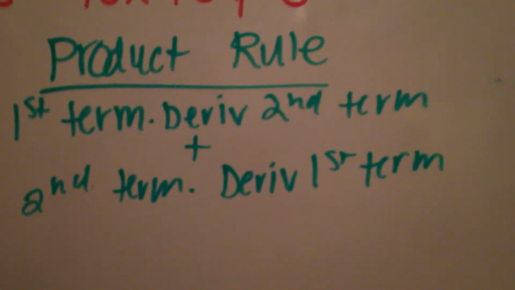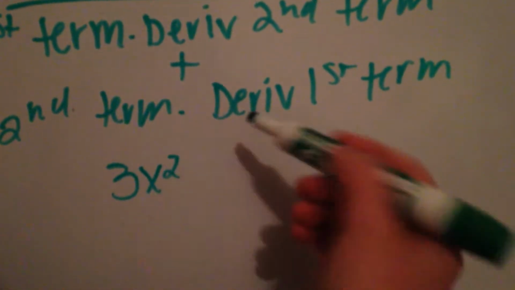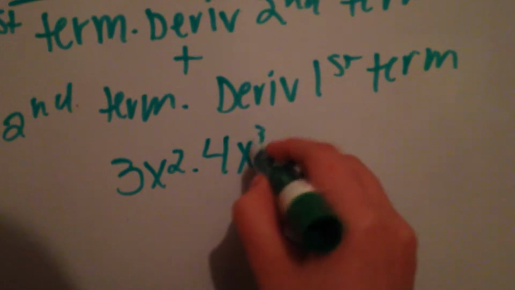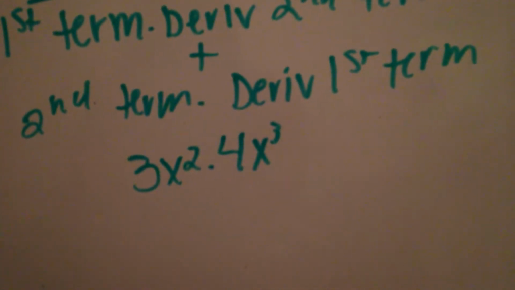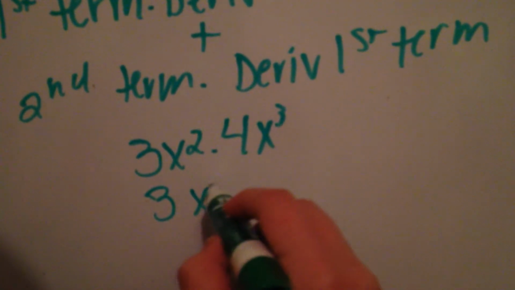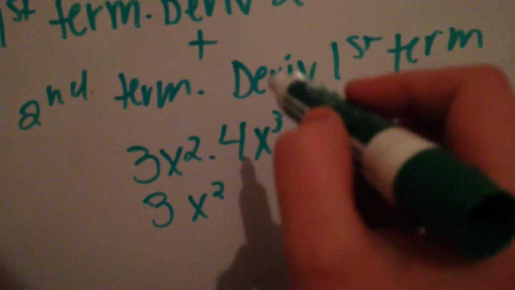Now, an example of this would be 3x to the second multiplied by 4x to the third, for example. So you're going to take the first term, 3x to the second, and then you want to multiply it by the derivative of the second term.